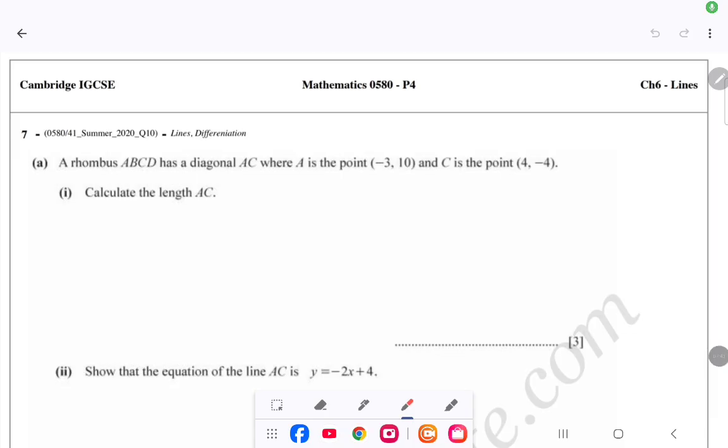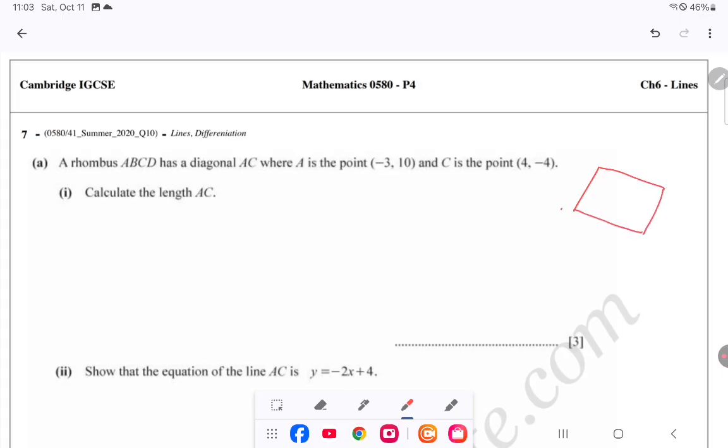Now in question 7, a rhombus ABCD has a diagonal AC, where A is the point negative 3 comma 10 and C is the point 4 comma negative of 4. Calculate the length AC. The question is saying that a rhombus is given. What is a rhombus? A rhombus is just like a tilted square.